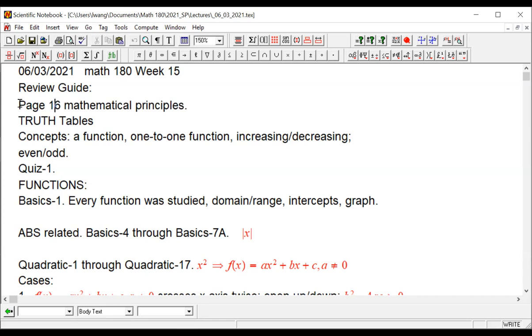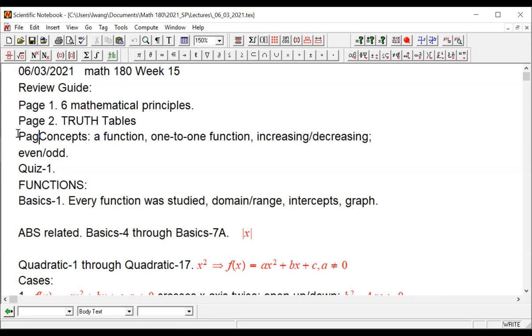Page 1 in notes, and these are in page number 2, and these are in page number 2 as well. So let me bring up the notes just to confirm that. And I believe that that is the case. Right, I could be wrong.